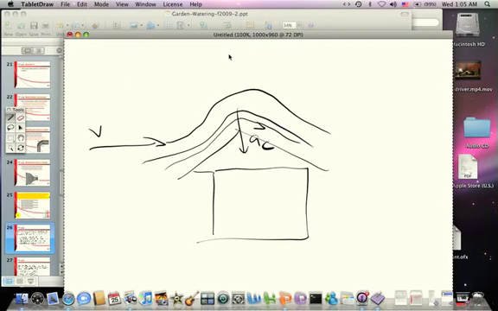If you're well away from the roof, then what you've got is atmospheric pressure. But as you get closer and closer to the peak of the roof, the wind has to go faster and faster. And so Bernoulli's equation would say that you have to have a low pressure here, that the pressure gets lower as you get closer to it.